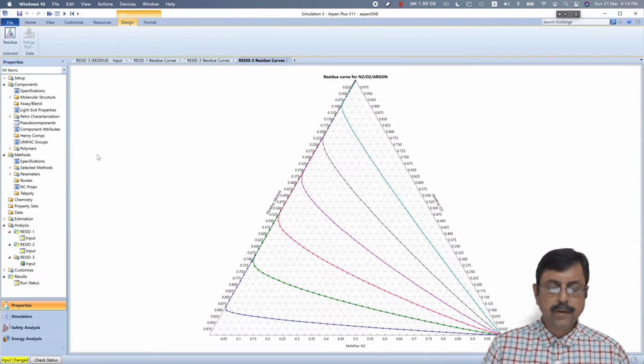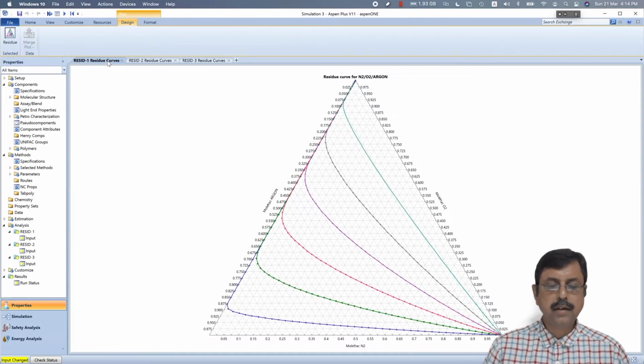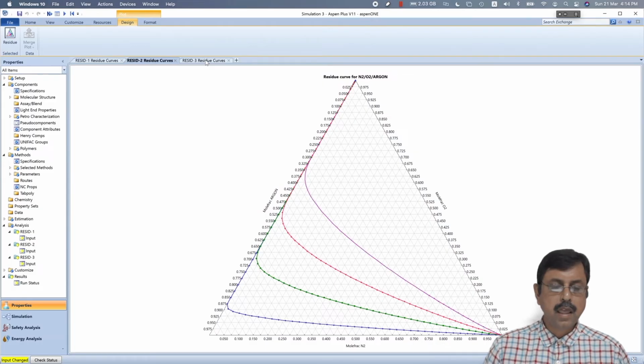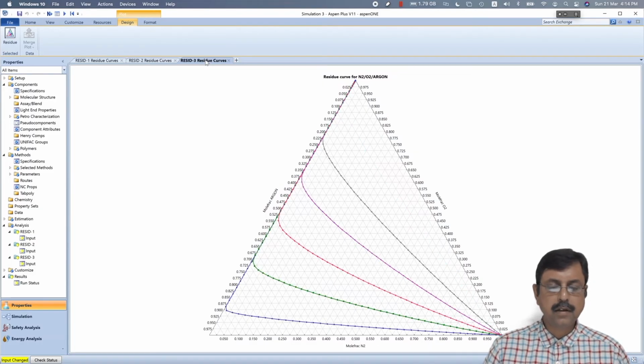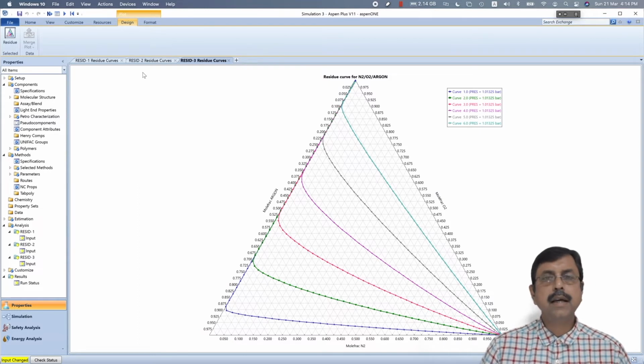Okay, so now basically we have three residue curves. The first one has been generated using the ideal property method. The second one has been generated through the inertial method, and the third one has been generated through the Redlich-Kwong-Soave method. And we find none of them are showing any kind of azeotropes. So only experimental investigation will tell you which method will be most ideal for this kind of situation.